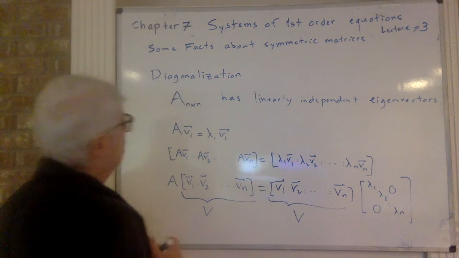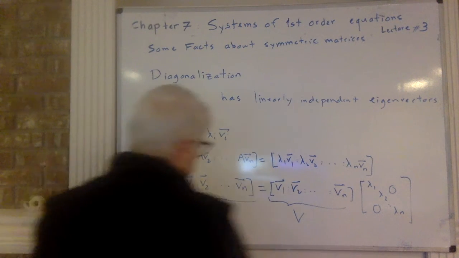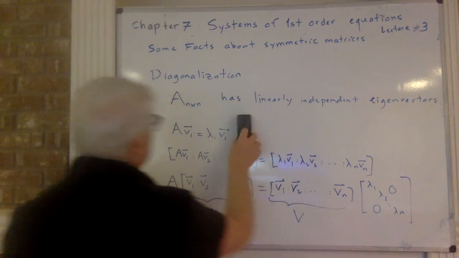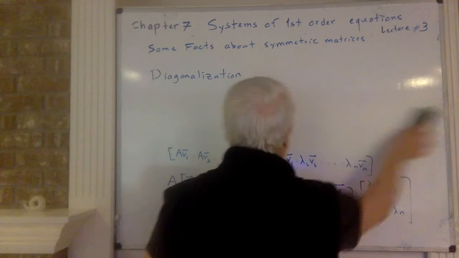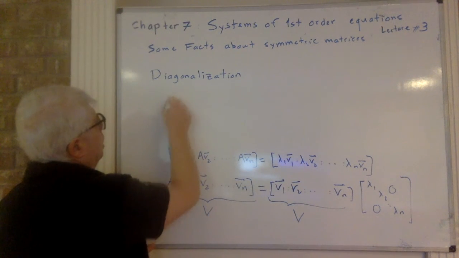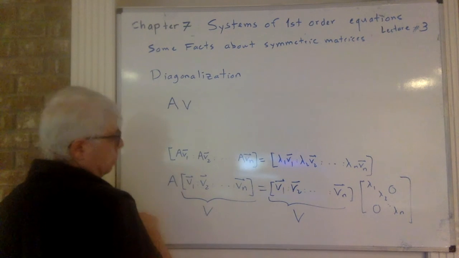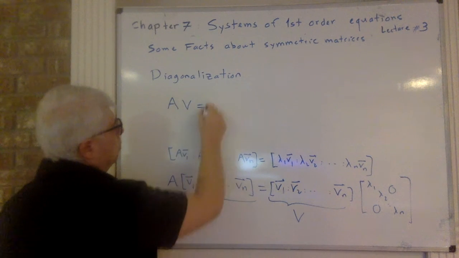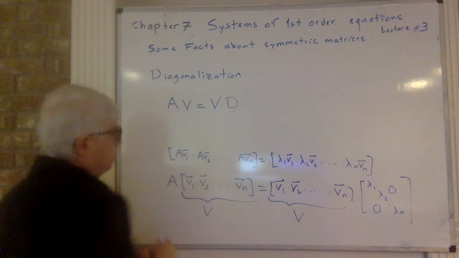Let me erase this. So I found that A times this special matrix V is V times D.